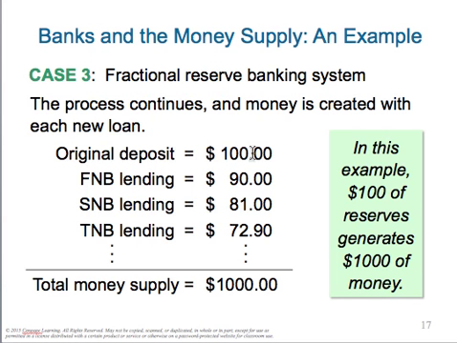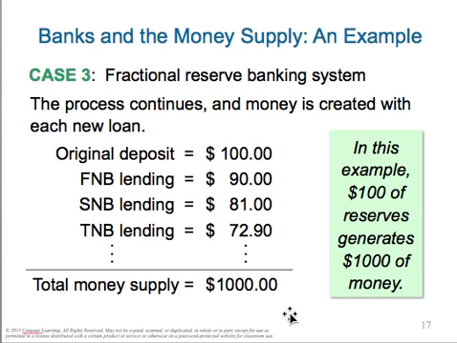So you have original deposit at the First National Bank of $100. They keep $10 on hand, loan out $90. Second National Bank keeps 10% on hand, which is $9, and loans out $81. Third National Bank keeps 10% on hand and then loans out $72.90, so on and so forth.